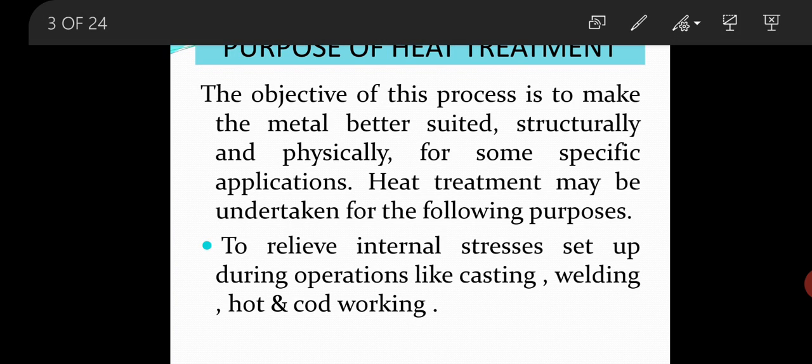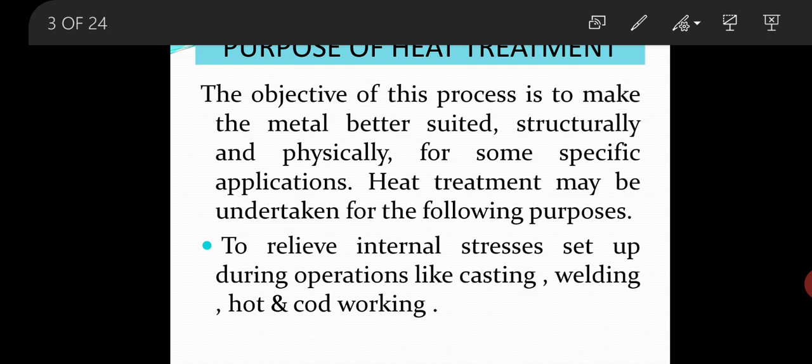So what is the objective? The objective or the purpose of this process is to make the metal suitable, structurally and physically, for some specific application.